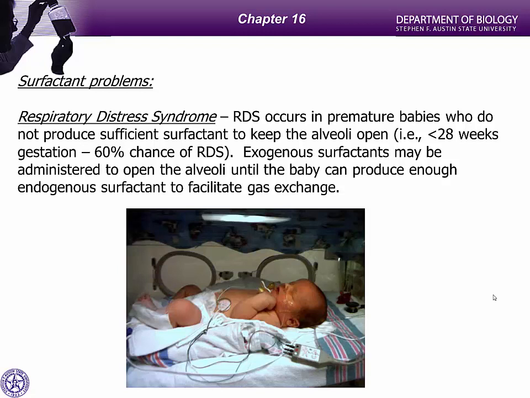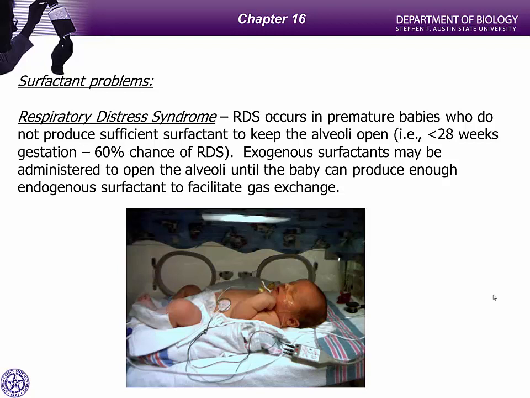If infants are less than 28 weeks of gestation from fertilization, they have a 60% chance of developing some form of respiratory distress syndrome. Prior to 28 weeks, you're not necessarily going to have the architecture of alveoli even present for gas exchange to occur, so survival before 28 weeks is very iffy. It's very dangerous indeed.